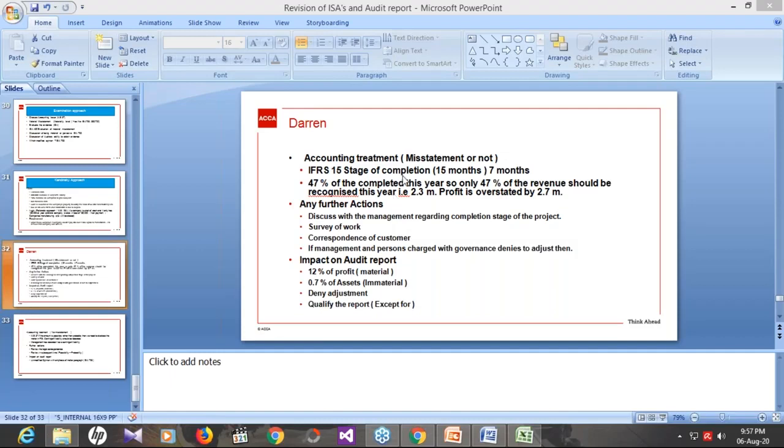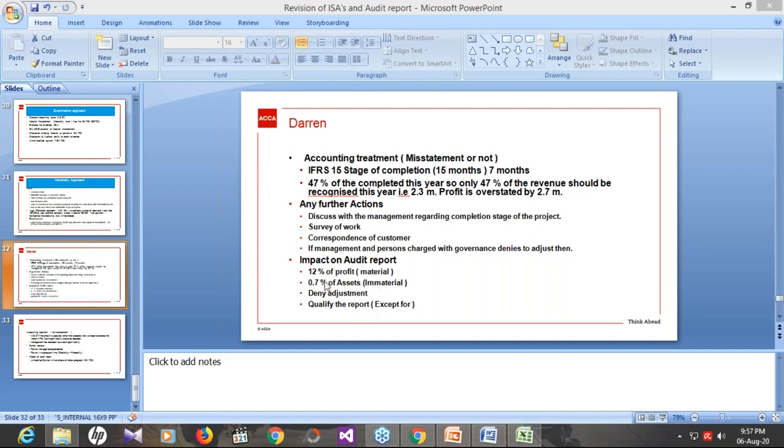He needs to give a full explanation of the accounting treatment in a healthy paragraph for the 3 marks. For further actions you will be awarded 2 marks, and 2 marks for the audit report. If you straight away say we will qualify the report, you can get only half a mark.